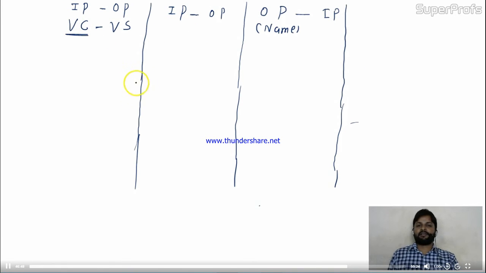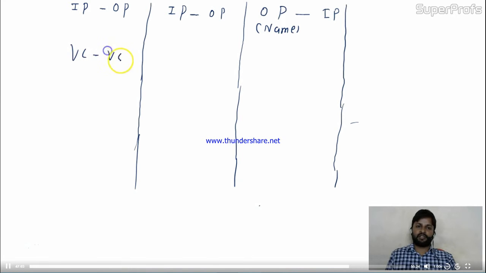Okay friends, first I'll start with the voltage control, voltage source. What is at the input? VC. VC means series. Why series? R is infinity. At the output, VS. VS means shunt.